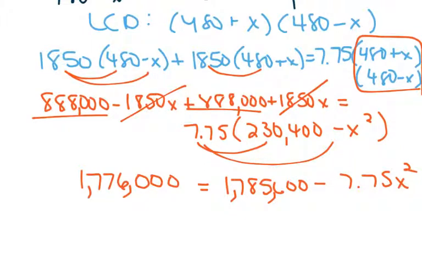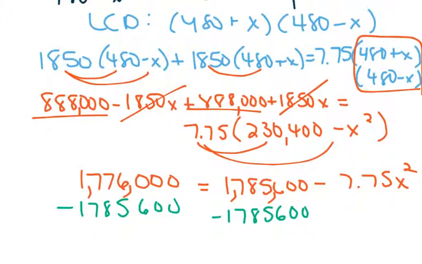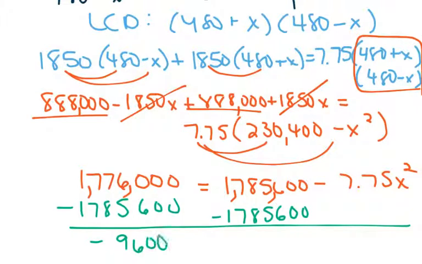In order to solve this for x, I'm going to subtract the 1,785,600. It gives me negative 9,600.